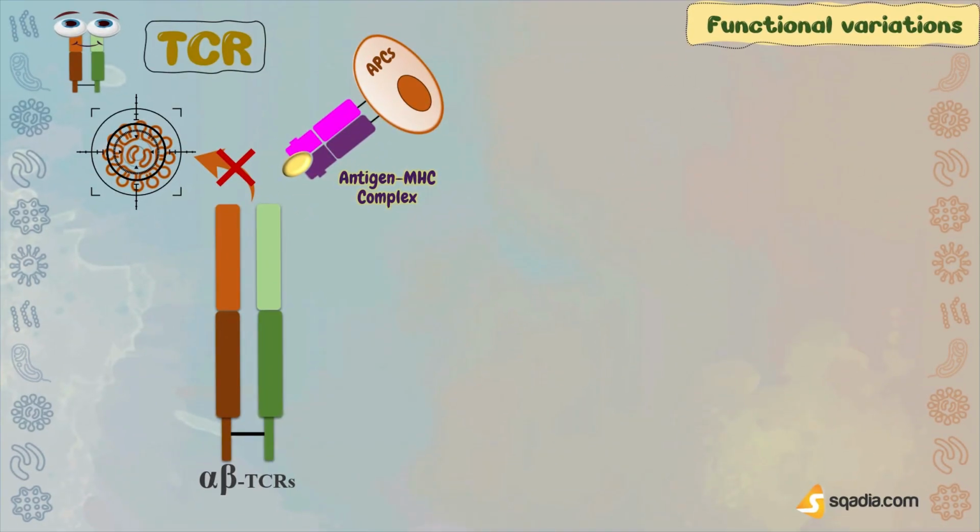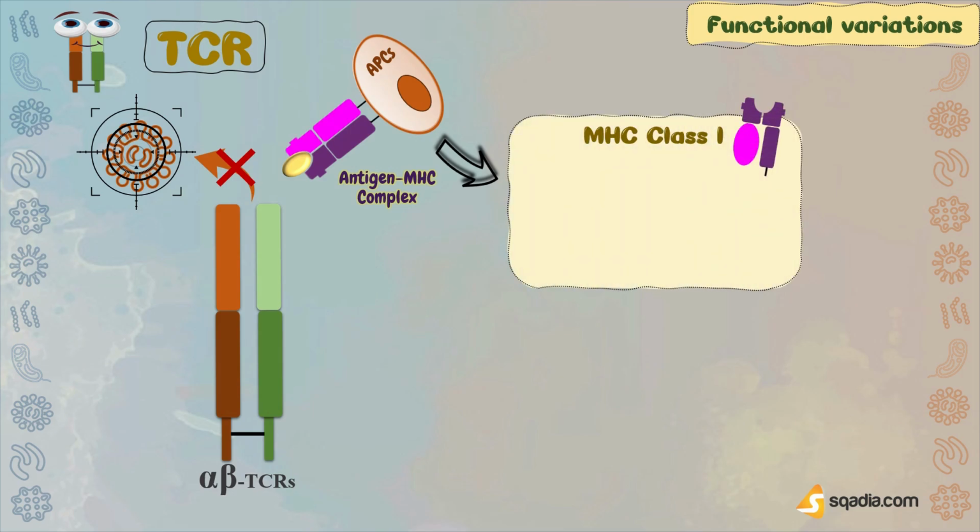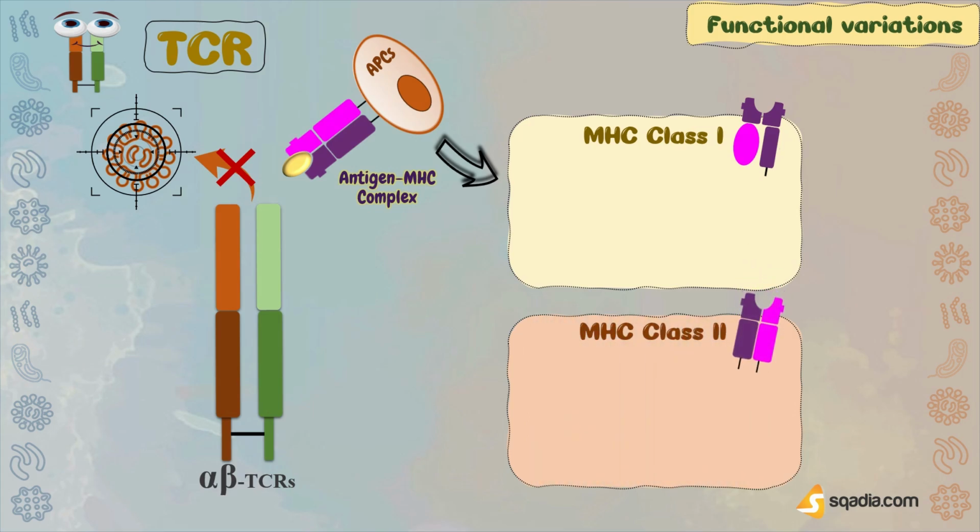Coming back to our topic. We were saying that TCRs require the complex of antigen with MHC molecules to recognize and bind the specific antigen. And there are two major types of MHC molecules. That are MHC class 1 molecules and MHC class 2 molecules.